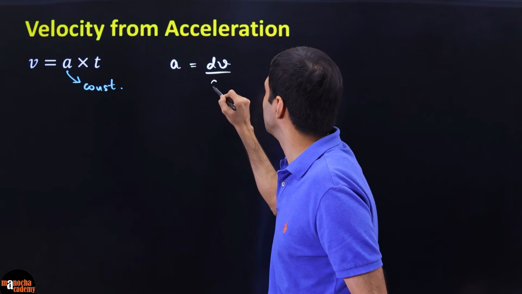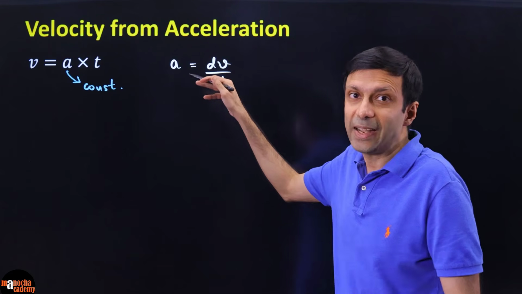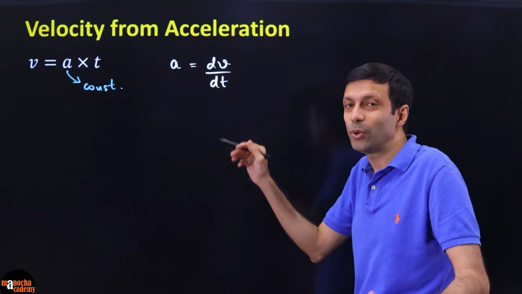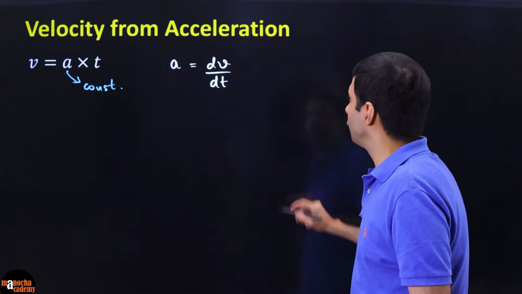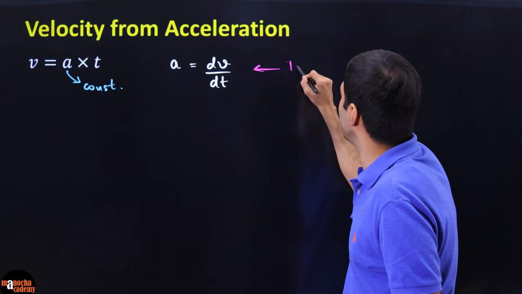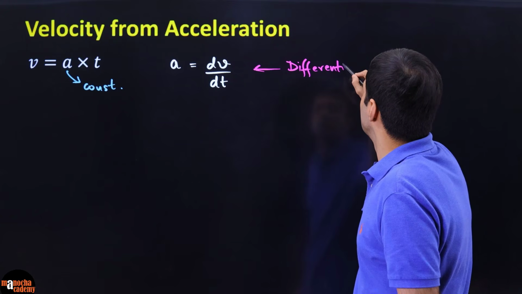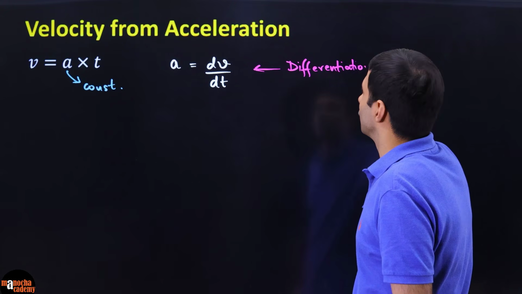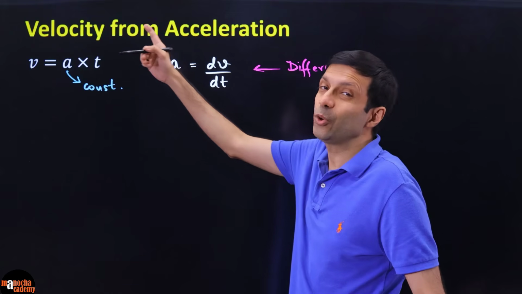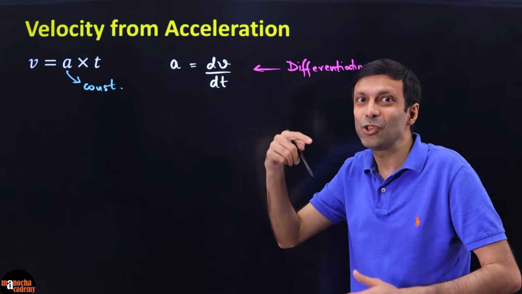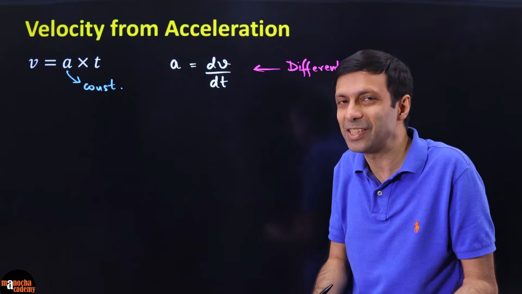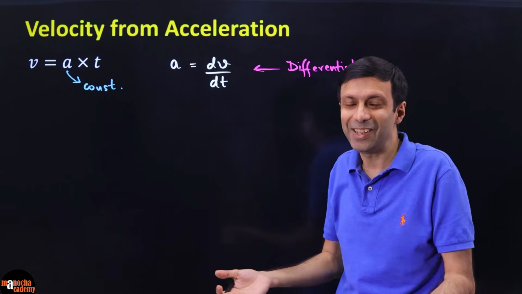So dv/dt. So to find acceleration from velocity, what were you doing? Differentiation with respect to time. So we were using differentiation. So I think you must have guessed how you calculate velocity from acceleration. You have to do the opposite of differentiation, which is basically integration.